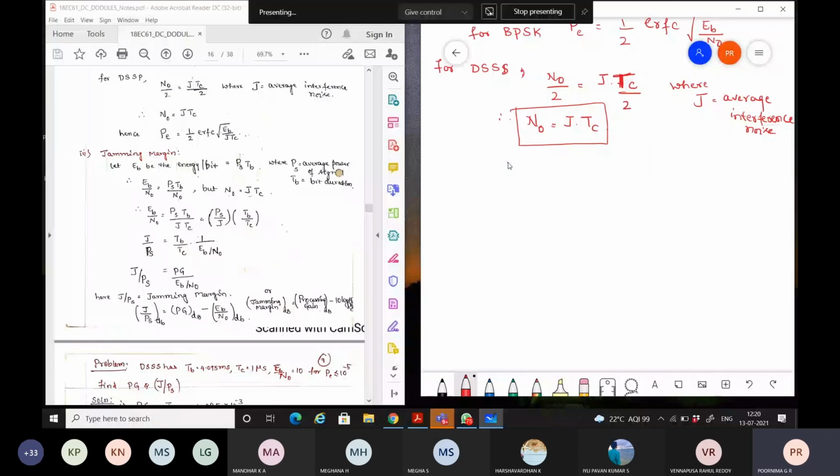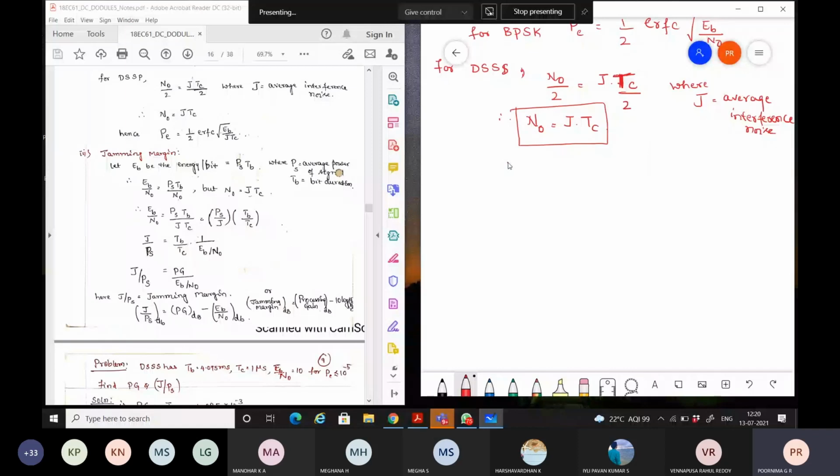So EB by N naught is equal to PS into TB. What is this N naught value? N naught value is J into Tc. So you can reorganize this equation as PS by J multiplied by TB by Tc.